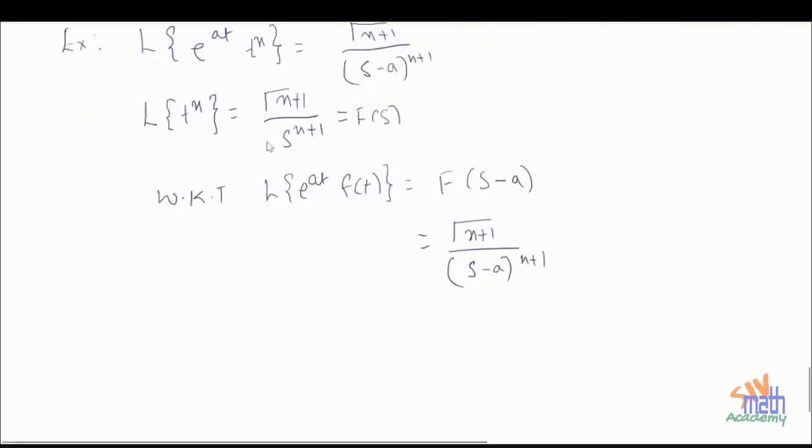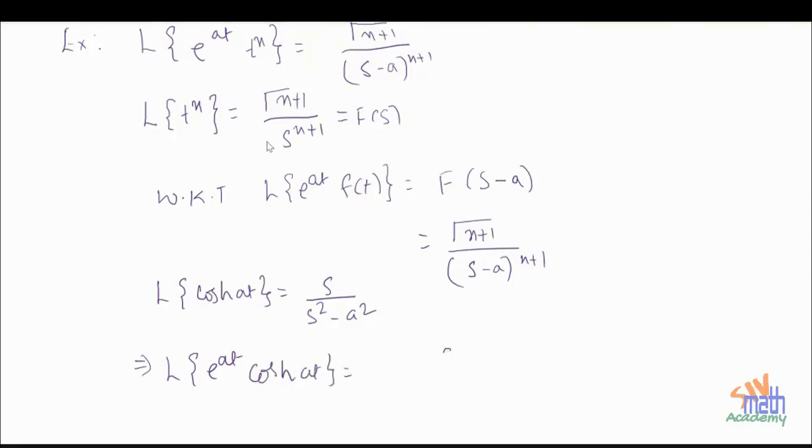So similarly, you have so many formulas you have taken. L of cos at is equal to what? s upon s square minus a square. So this implies L of e power at into cos at will be s minus a upon s minus a the whole square.